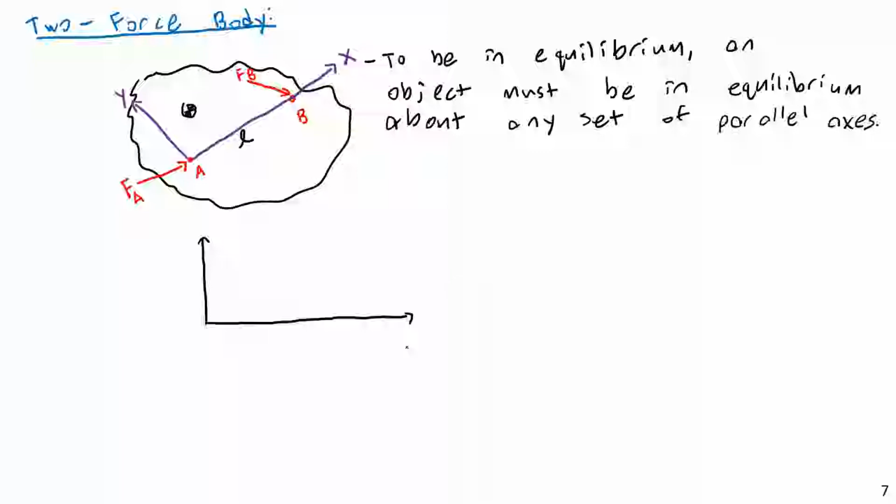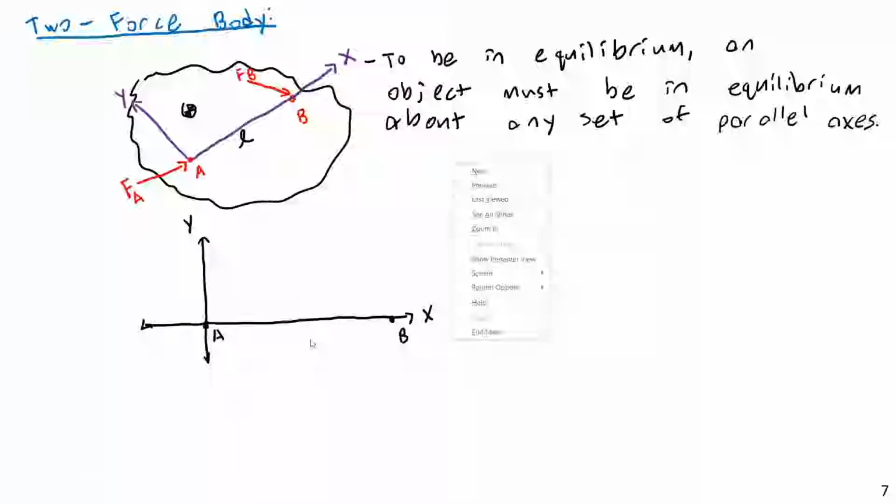Okay. So let's say we have our two forces, and I'm going to go ahead and show an axis here, or show a negative set on these as well. So we have our positive x-axis here and our positive y-axis here. We have point A here, we have point B here.